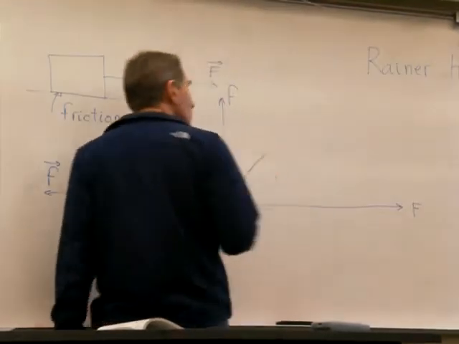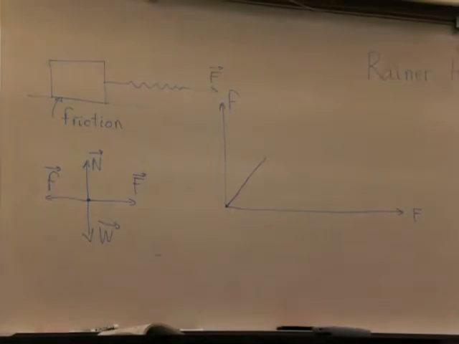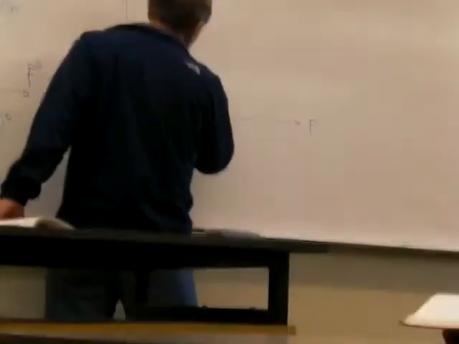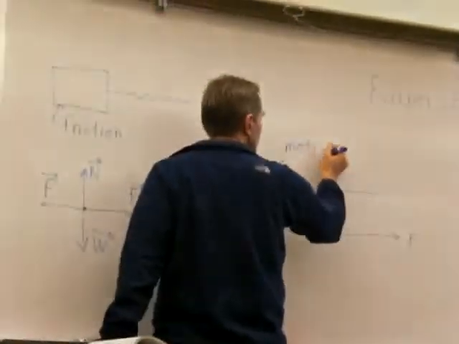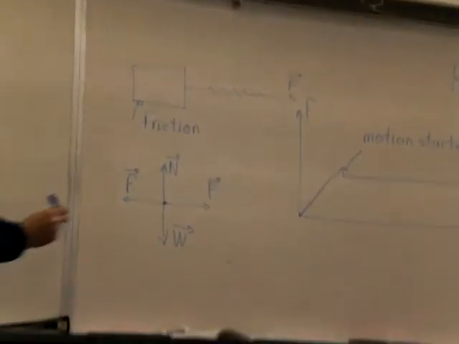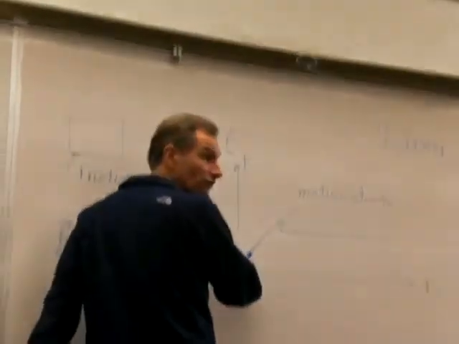Then something a little bit sudden happens, and then you have something which is flat. So this is where the motion starts. This line is at 45 degrees, of course.